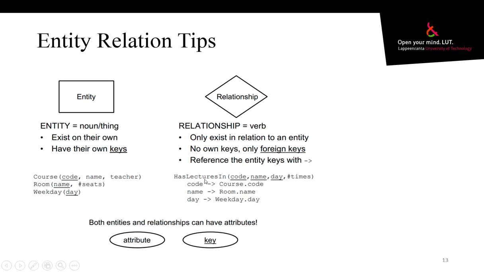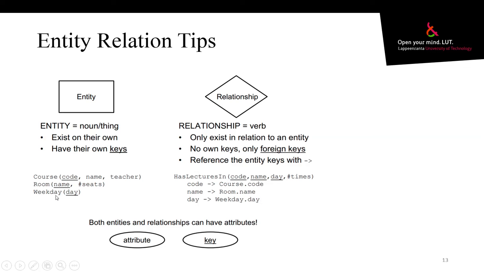So as you can see here in the previous slide, I spoke a little bit about relationship and entity. If we take an example where we have an entity course, an entity room, and a weekday, an entity course has a lecture in a room every weekday.